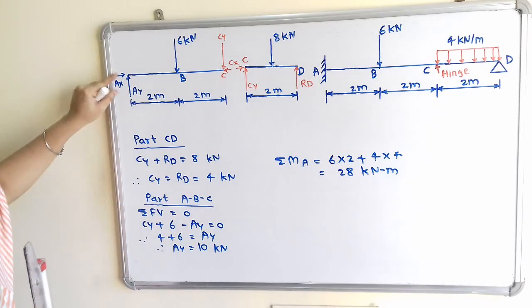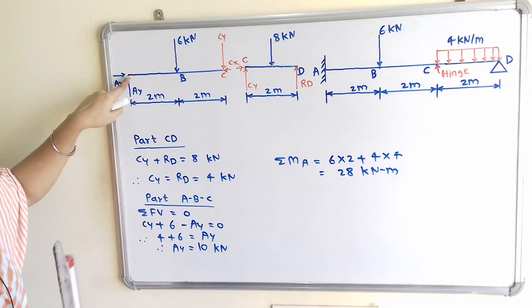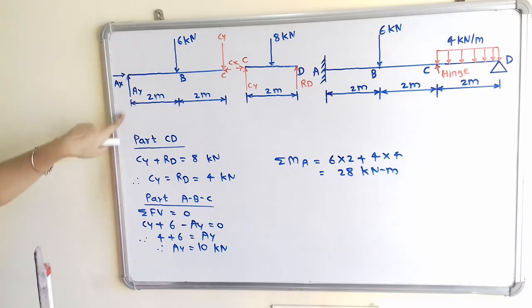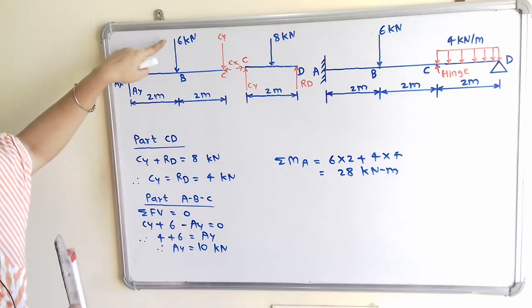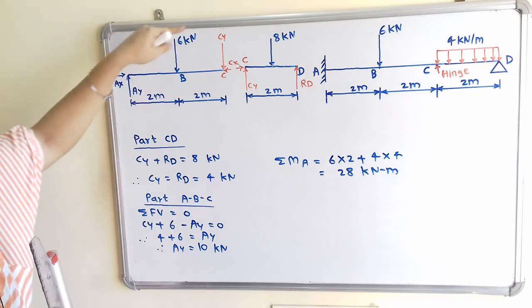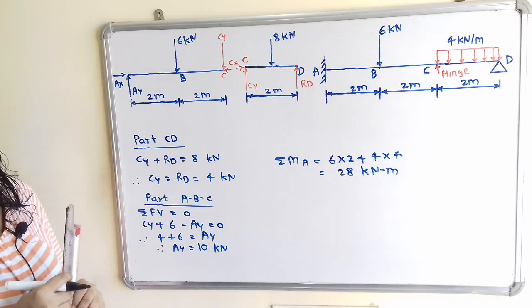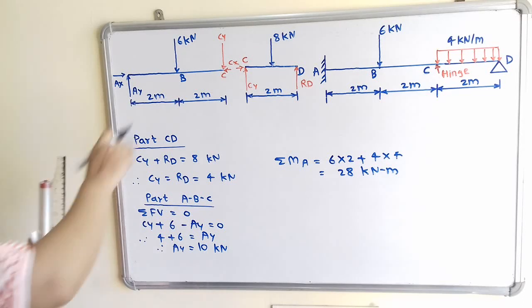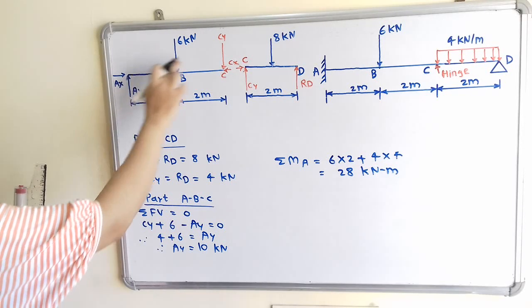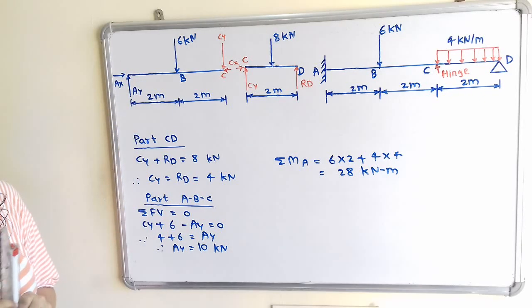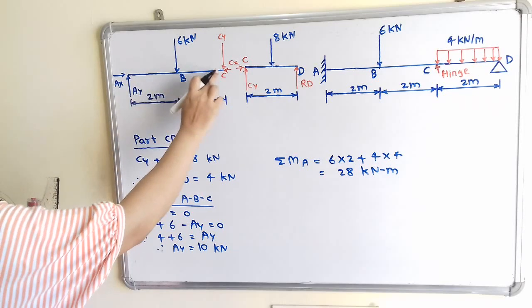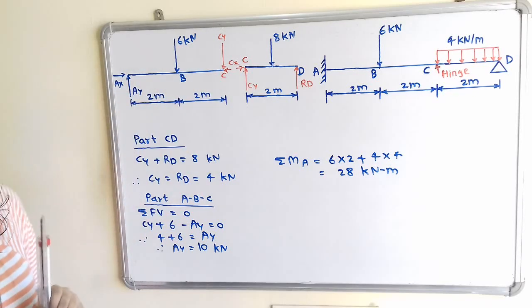Now if we observe, this part A, B, C is fixed at point A, and at point B and point C there are 2 point loads acting in the vertically downward direction. So it will move in the downward direction about this point A. So we have to take the summation of moment of these 2 forces about the point A.